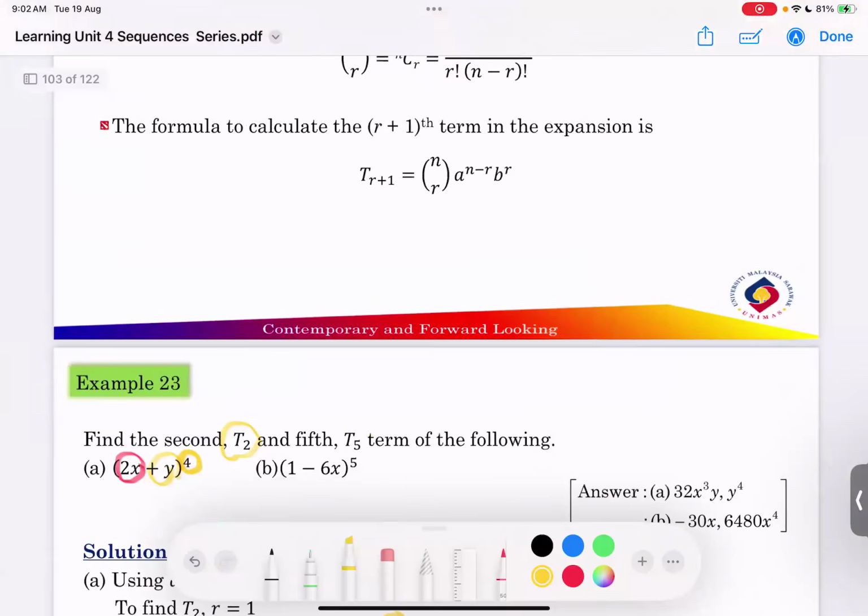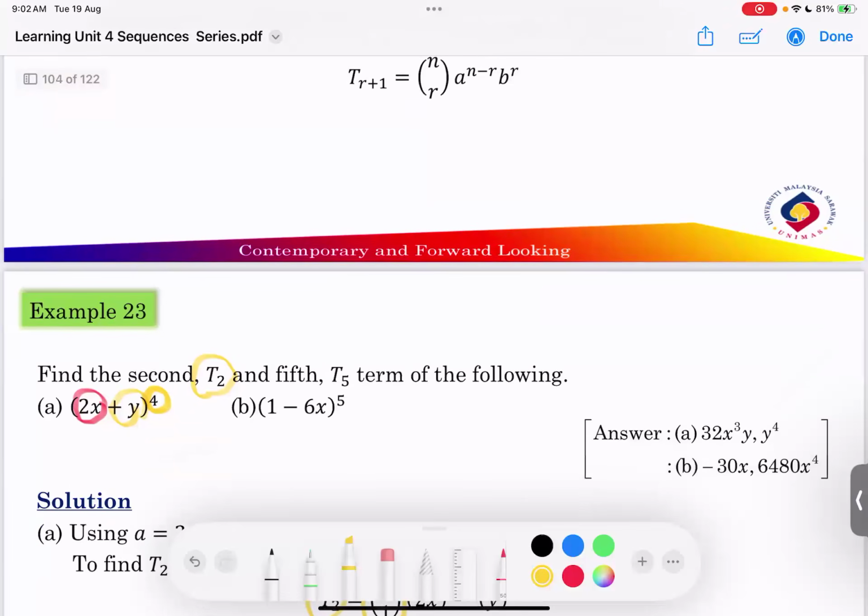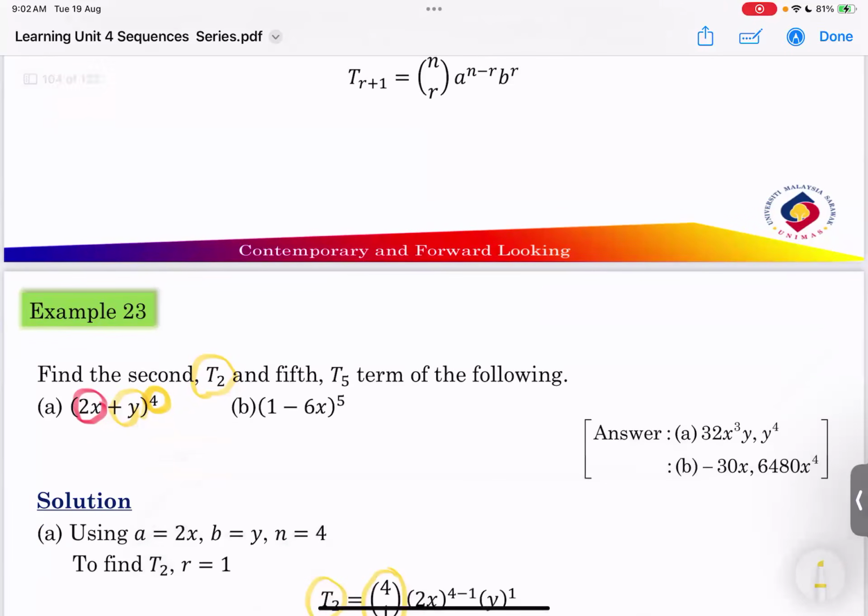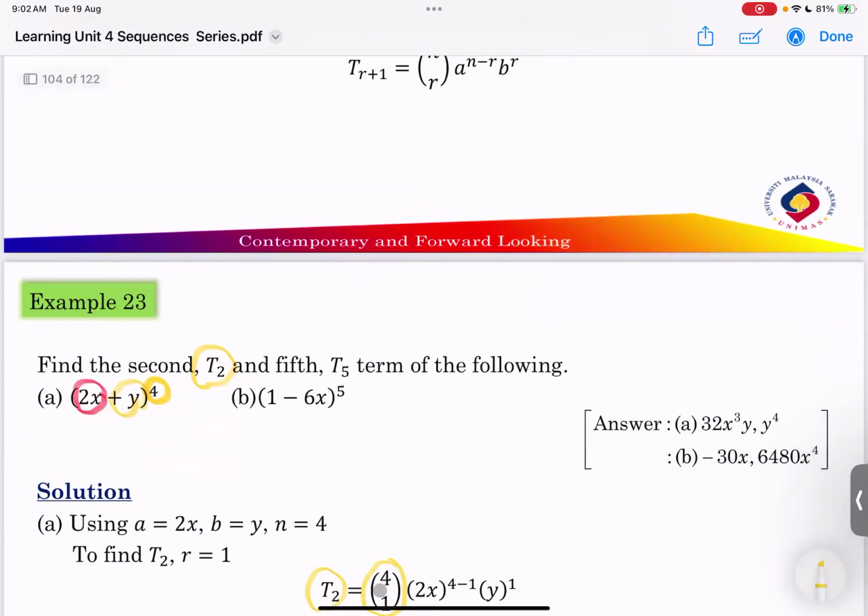Back to the formula as mentioned just now. We compare this formula and this formula. 4 is n, so you substitute n here, and then your r is 1.